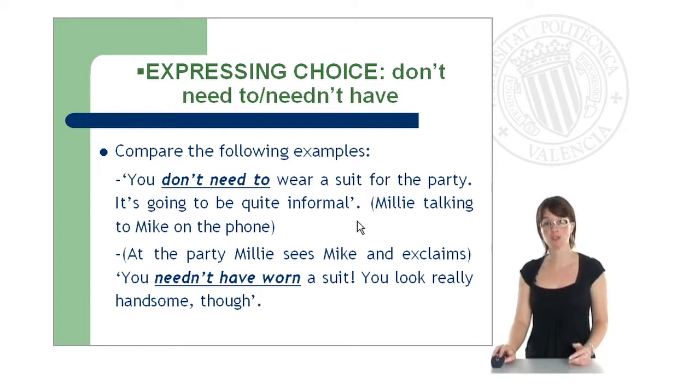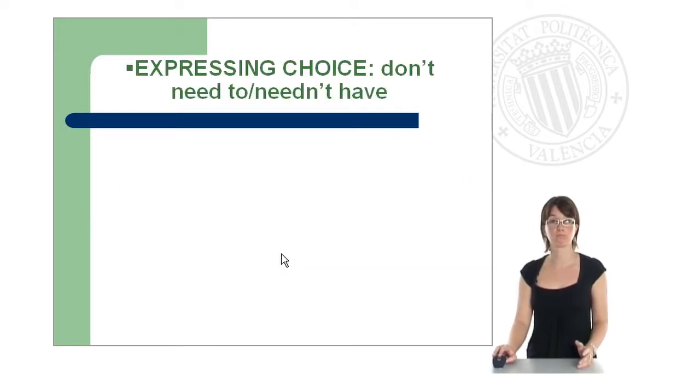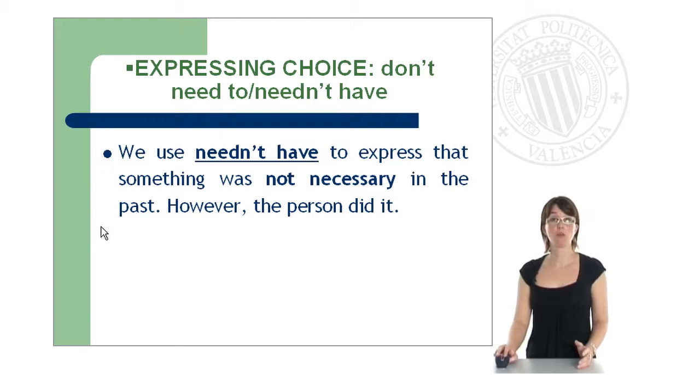But in the second sentence, Millie realizes that Mike is really wearing the suit. So she exclaims, "You needn't have worn a suit." So, we use needn't have plus the past participle to express that something was not necessary in the past. However, the person did it.